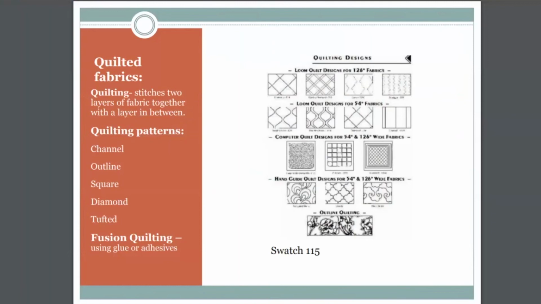A duvet means there's a top piece and a bottom piece, and you slip something in between it. It's not quilted. So you may think that most bedding out there are duvets, but take a look, because I have 3 designers that are on tonight or today. Take a look. There's a lot of quilting going on.